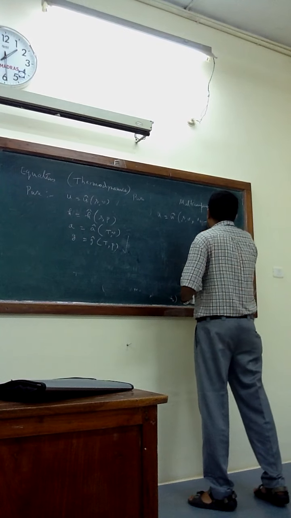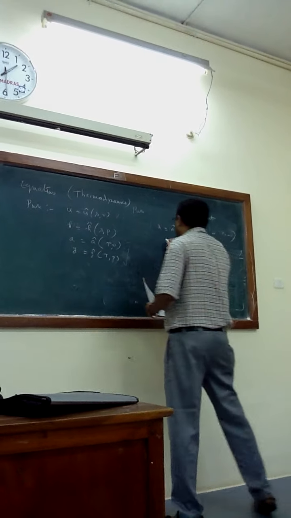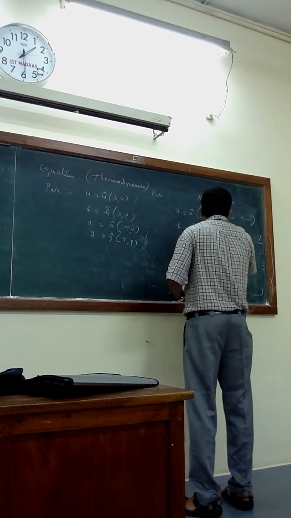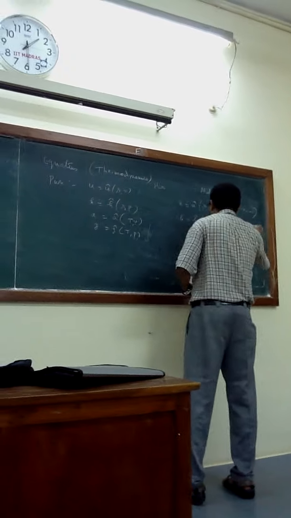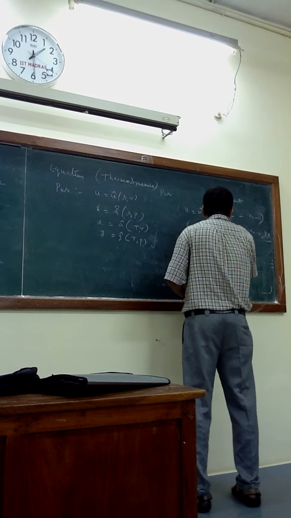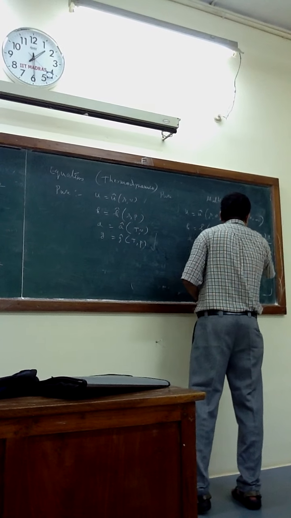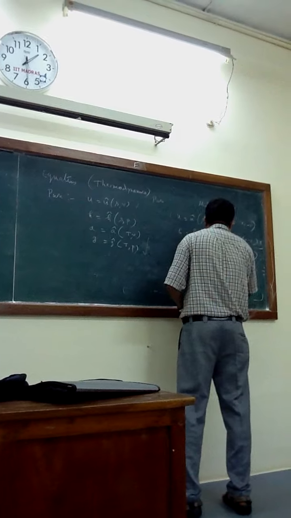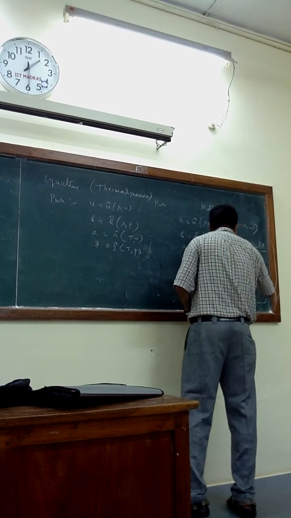Yes, X1 to Xc minus 1. H equals H hat of S, P, X1 to Xc minus 1. A equals A hat of T, V, X1 to Xc minus 1. G equals G hat of T, P, X1 to Xc minus 1.